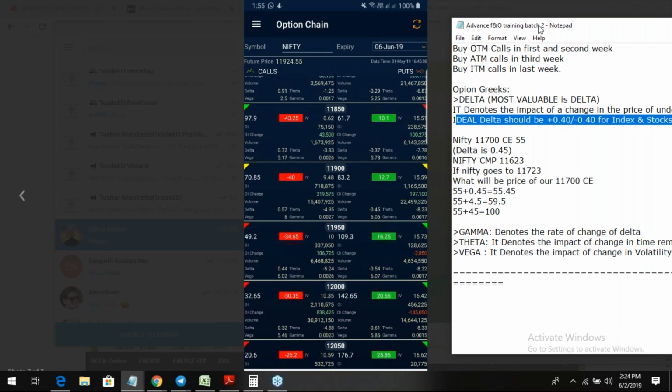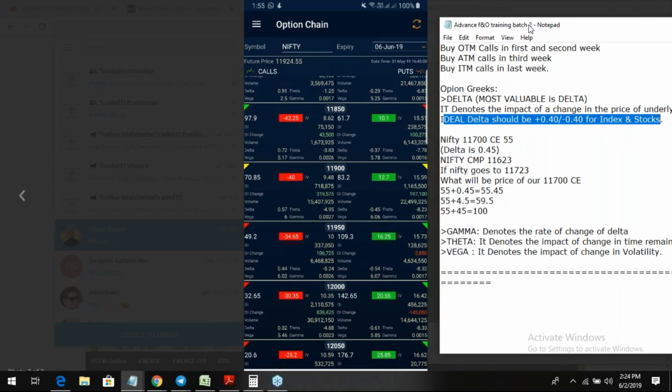For put, the delta is always minus, and for call always plus. If Nifty goes downside, which put will you buy? The 11,900 put, or you can buy the 11,850 put as well because the delta is 0.37. You can buy this also, but the 11,950 put you can also buy, at minus 0.45.